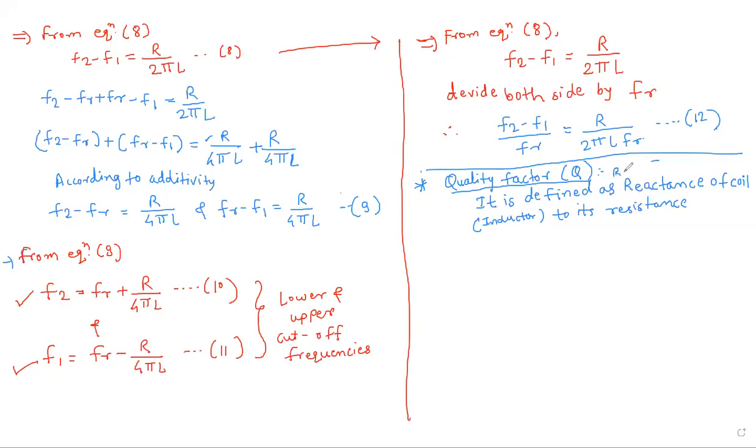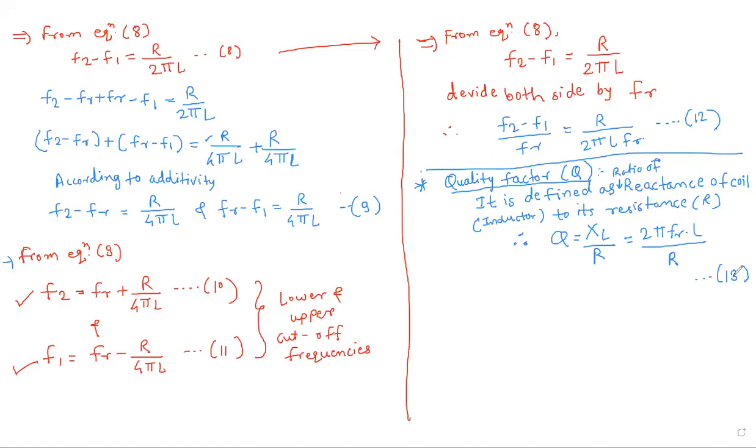So it is defined as Q is equal to reactance of coil, meaning inductor, denoted as XL, divided by R. So what is XL? That is 2 pi Fr into L, that is the XL value, and R this is. So Q is equal to this one. So this we can take as equation number 13.